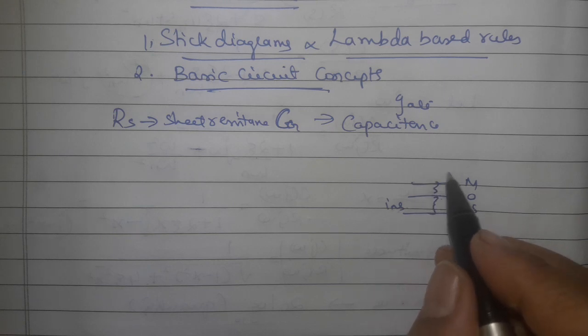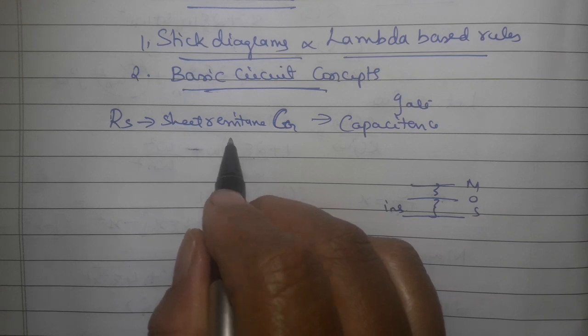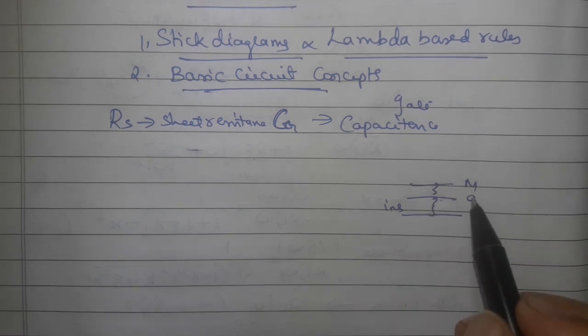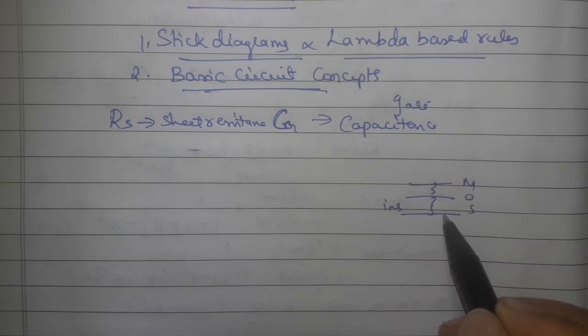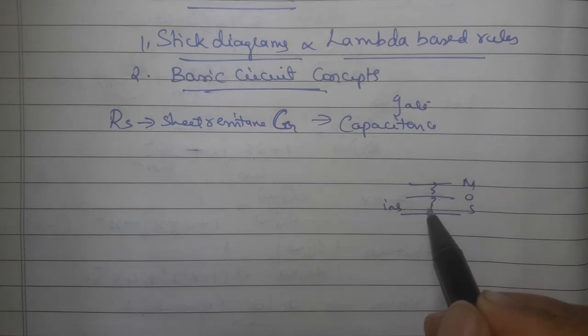They are seen as a sheet, and each sheet will have some resistance, and that resistance is termed as sheet resistance. We are supposed to know how to calculate the sheet resistance, and since your conducting and semiconducting layers are separated by an insulator, this insulator acts as a dielectric.